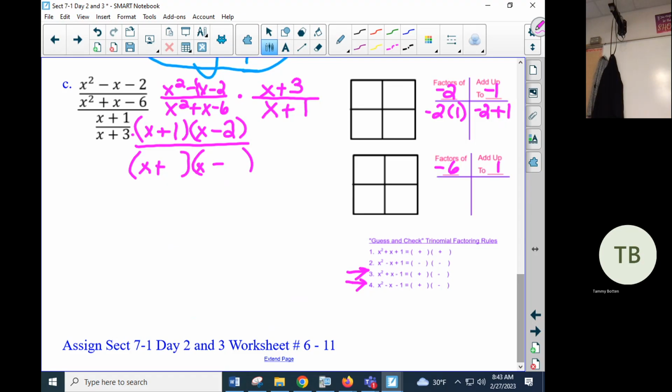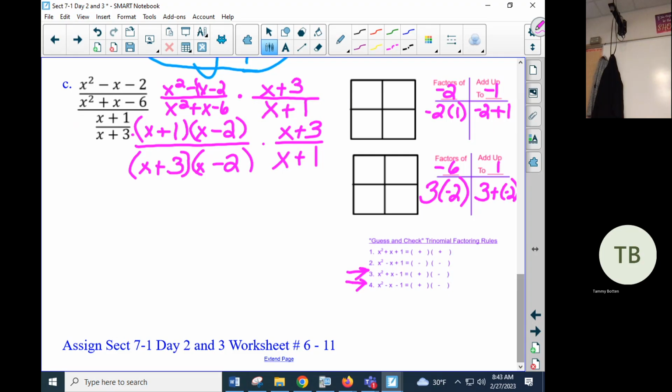What do you think would work there? Or +3 and -2? Which one would work? It would be 3 times a -2. And then 3 plus a -2 is 1. So by the plus, we put a 3, by the minus, we put a 2, okay? Then we can just copy this down because these are factored as much as they can.